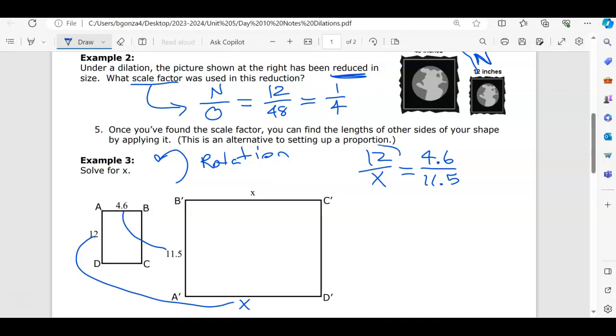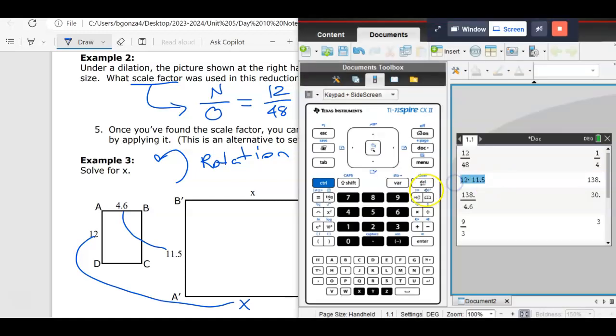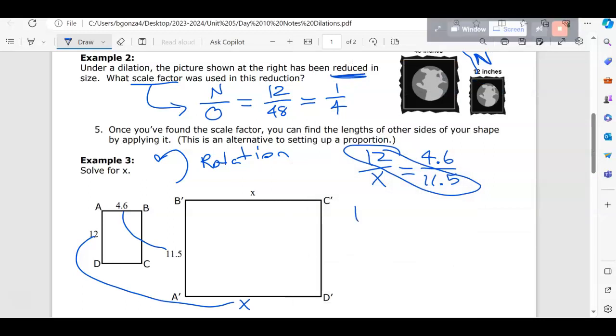So 12 times 11.5 is 138. And then 4.6 times x. Whenever we have a number times a variable, it goes out front as a coefficient. 4.6x.